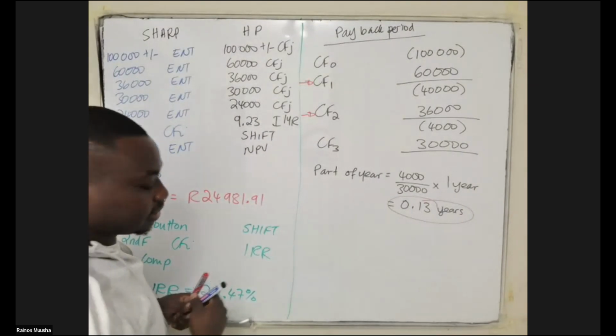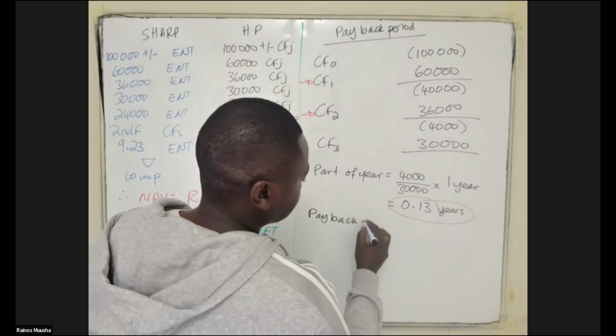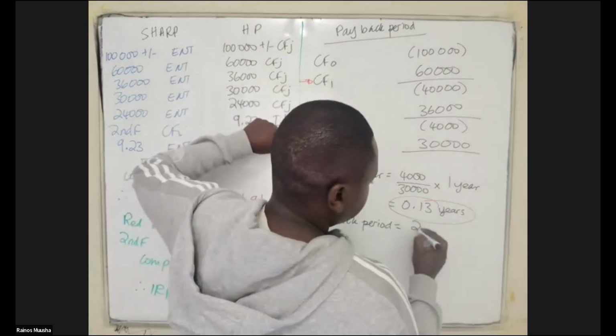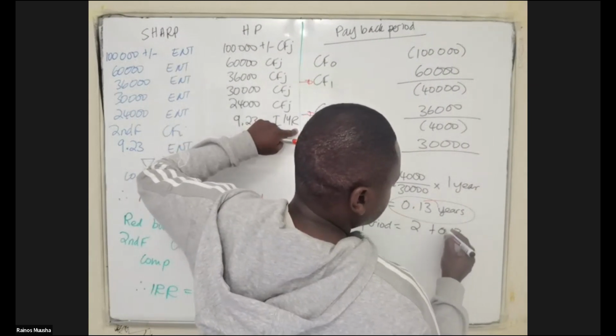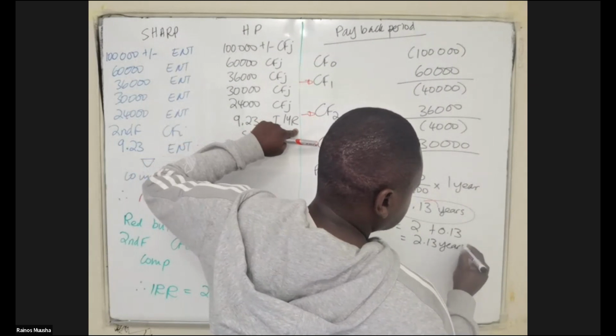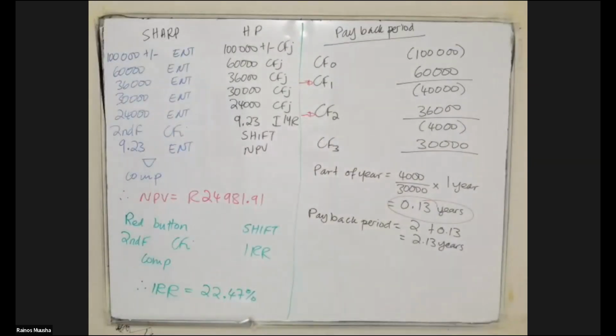So in this case, the payback period is equal to 2 years plus 0.13 years, which is equal to 2.13 years. So our payback period is equal to 2.13 years.